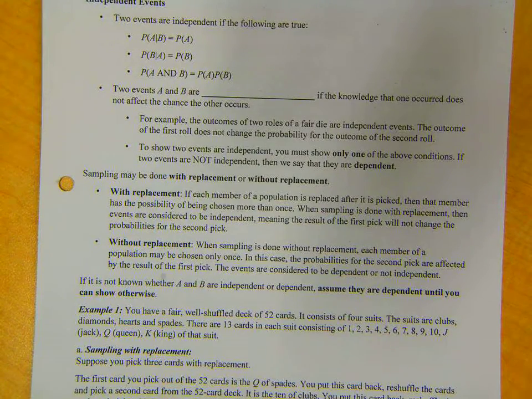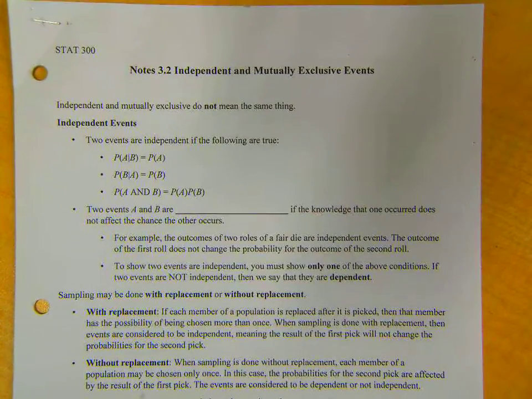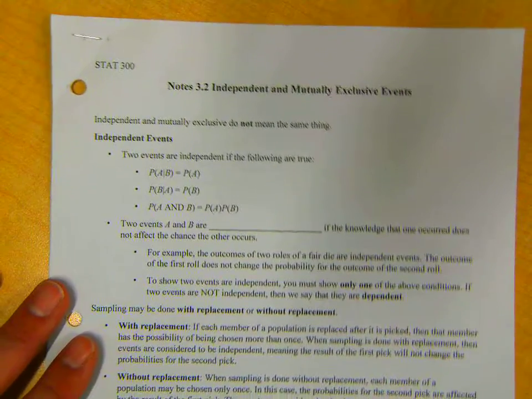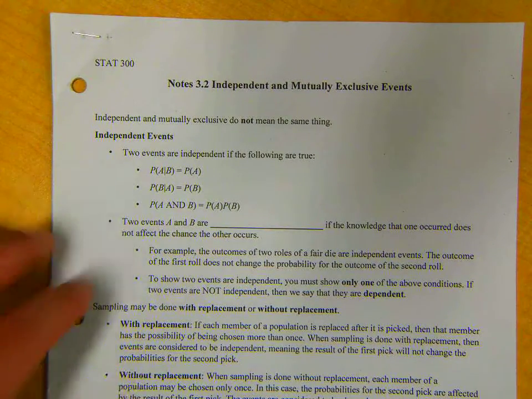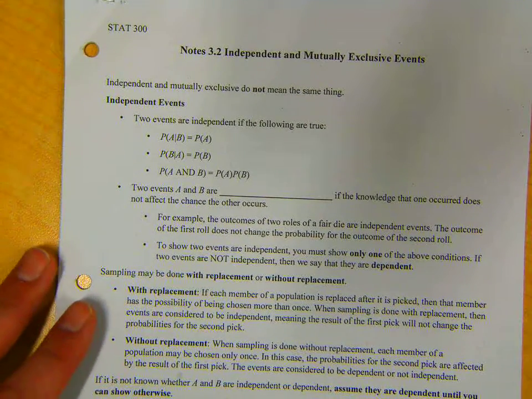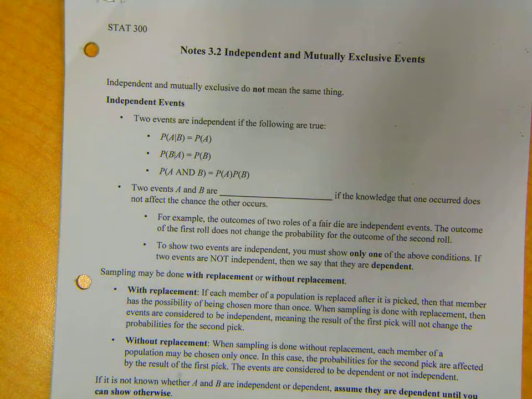Independent events. Let's talk about independent events. So things are independent if we have one of these conditions hold true. Basically what these conditions say, particularly the top two, is that the probability of A given B is equal to the probability of A. So given that B occurred, it does not change the probability of A happening.